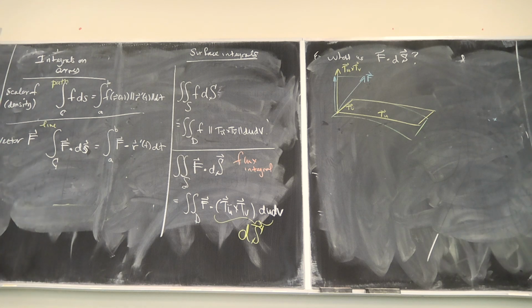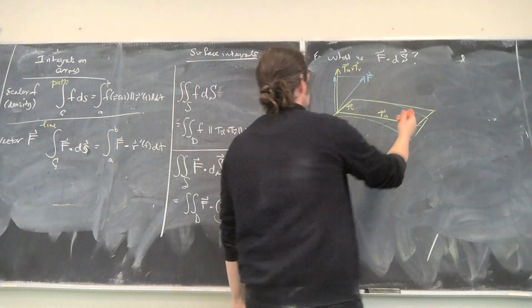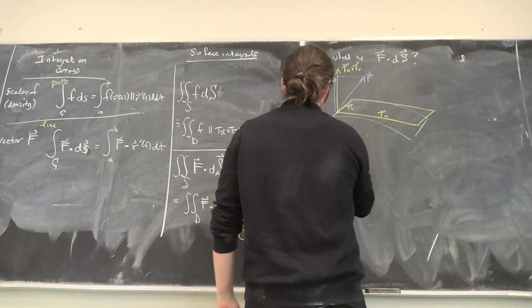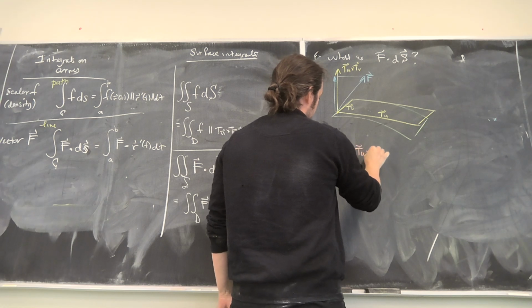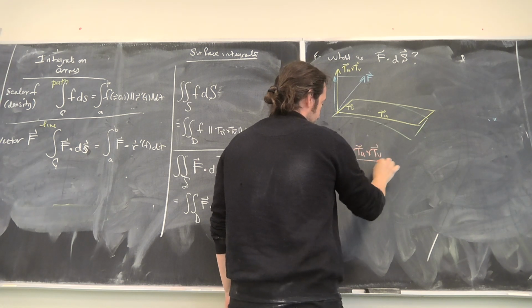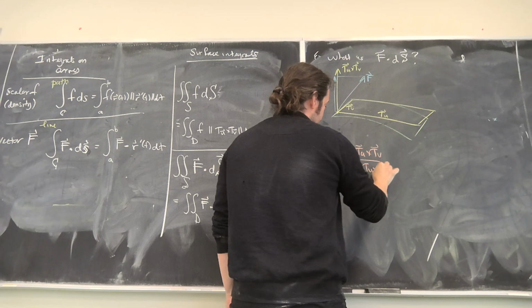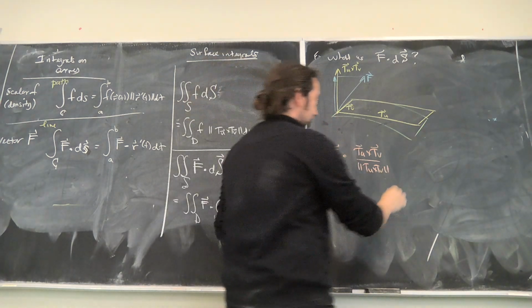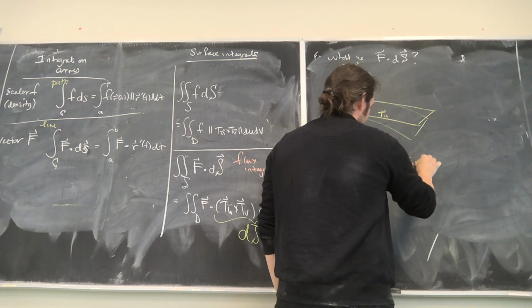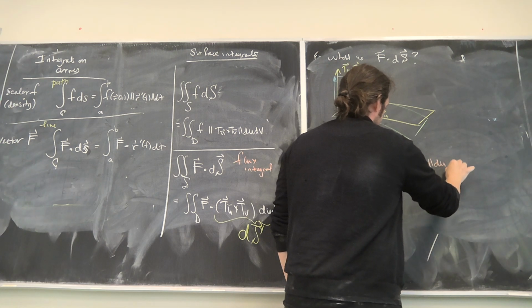So flux is a quantity that shows up in all kinds of areas in physics, engineering, and applied mathematics. It's the idea of measuring how much of something is passing through a surface. So the actual calculation here is something like, if I took F and then I dotted it with the vector Tu cross Tv, and then I divided by the length of Tu cross Tv, now I'm projecting F into the normal direction, and then I multiply by the area of the parallelogram.